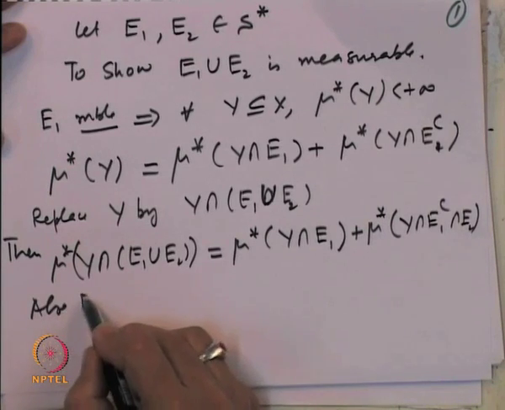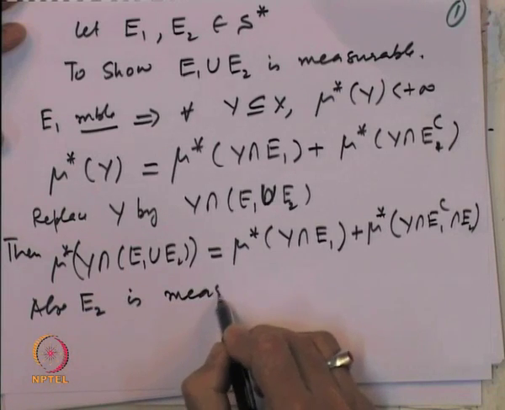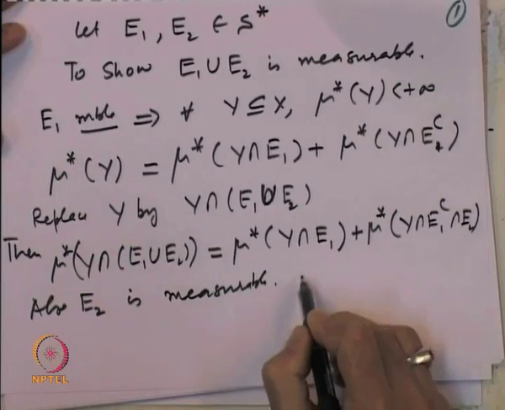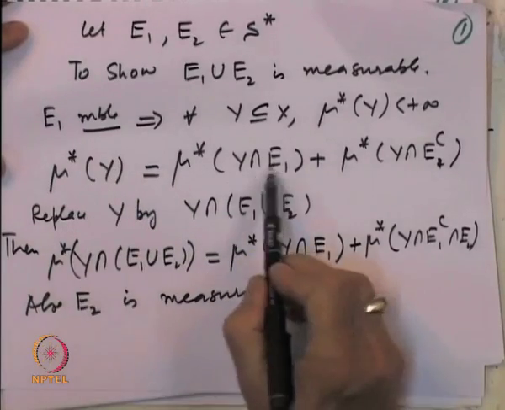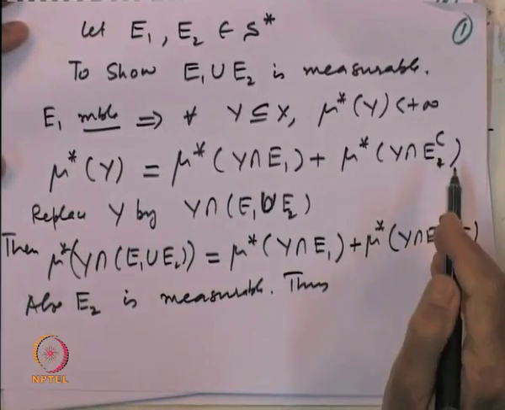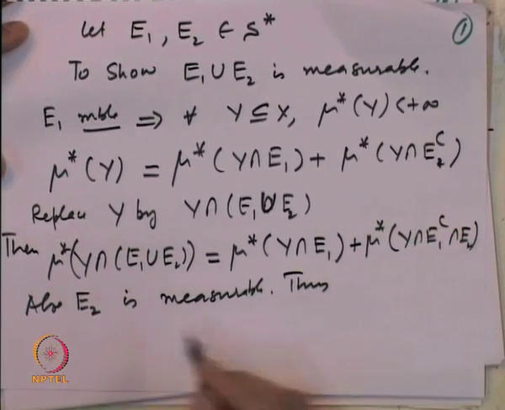Also, E 2 is measurable. So, for every set Y, a corresponding equation holds for E 2 and E 2 complement, but we will replace Y by Y intersection E 1 complement.